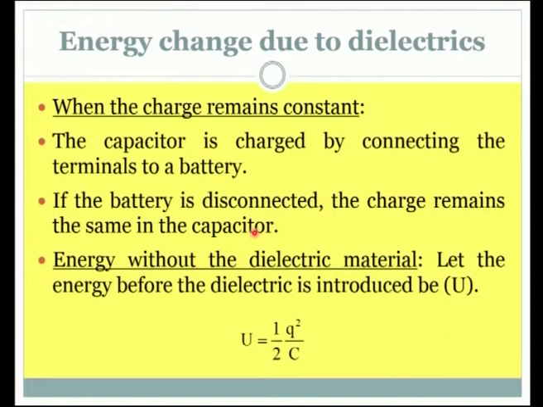So, the energy without the dielectric material is given by this usual expression which we have been discussing. It is of Q square by C. So, this is in the absence of the dielectric material, when we do not have that. When we introduce dielectric materials, what is likely to happen?